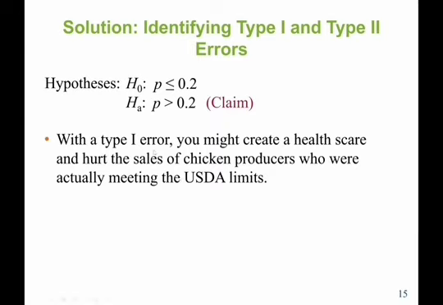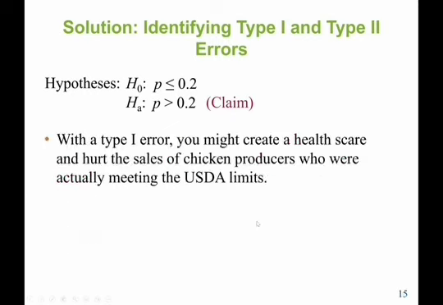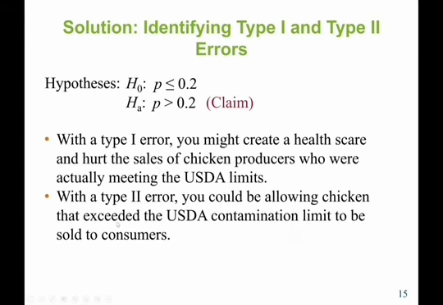Remember, type 1 error is when we reject H0 when it's true, and type 2 error means we fail to reject H0 when it is false.